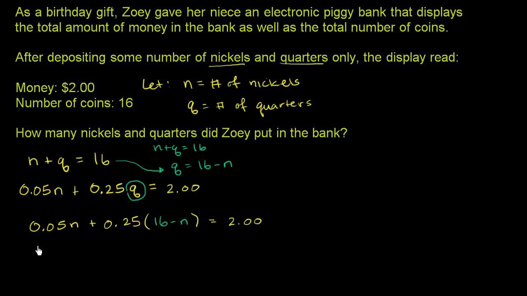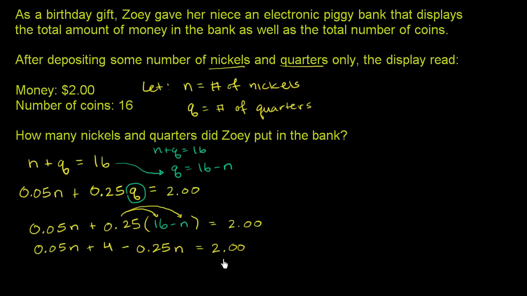Now let's simplify this. We have 0.05 n plus, let's distribute the 0.25 times the 16 and the 0.25 times the negative n. 0.25 times 16 is the same thing as 1/4 times 16, which is just going to be 4. And then 0.25 times negative n is minus 0.25 n, and that is going to be equal to $2.